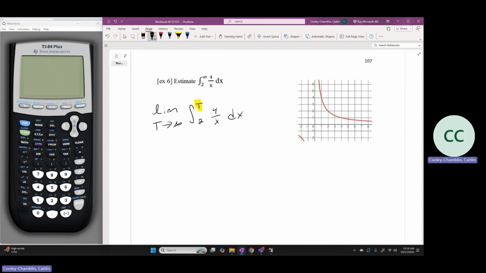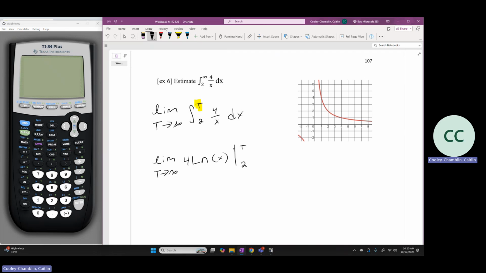Okay. So now we can integrate this. And this becomes the limit as t approaches infinity of 4 ln of x evaluated from 2 to t.